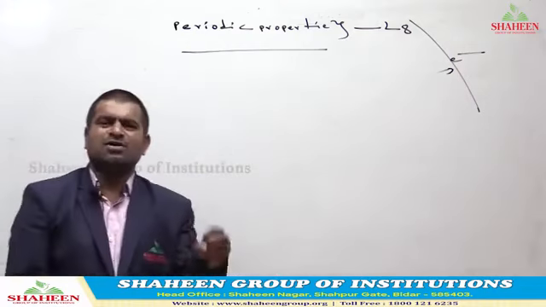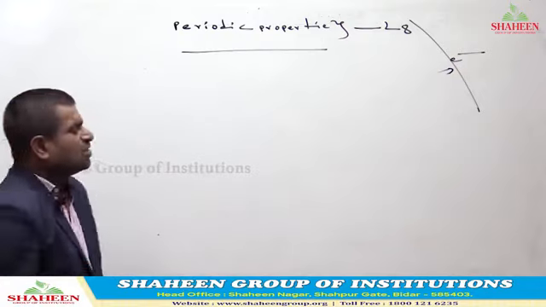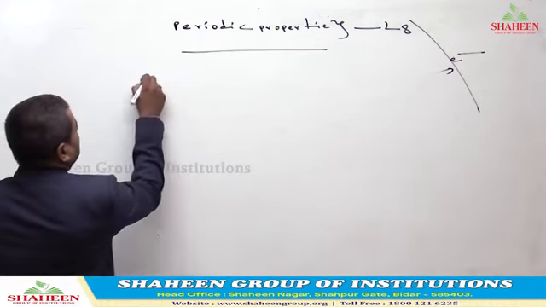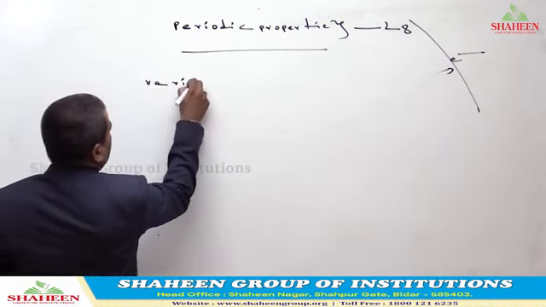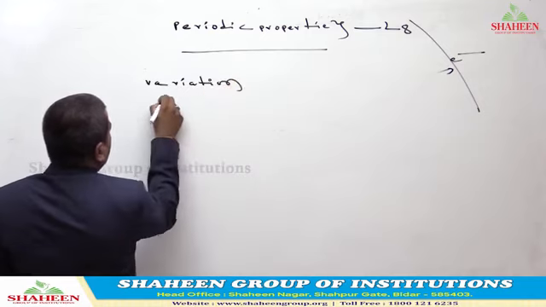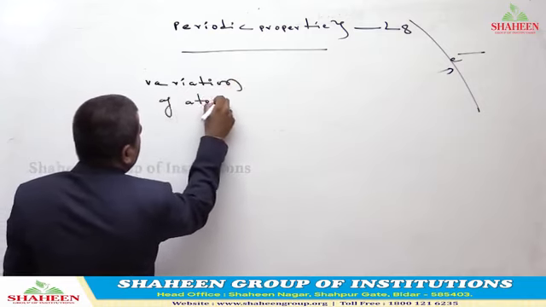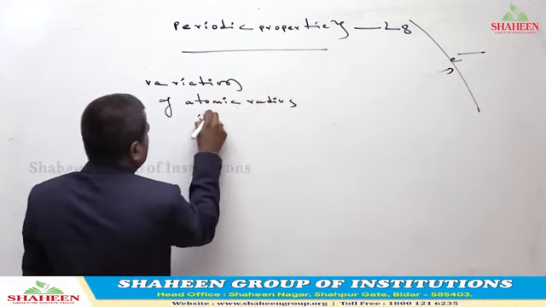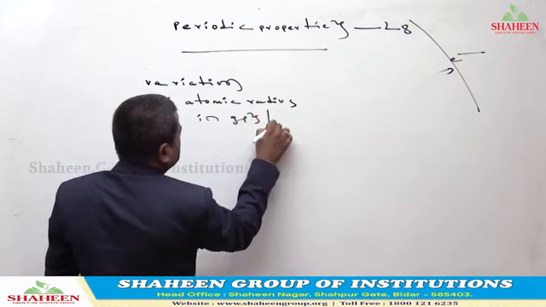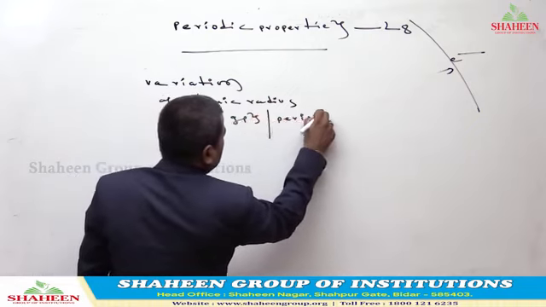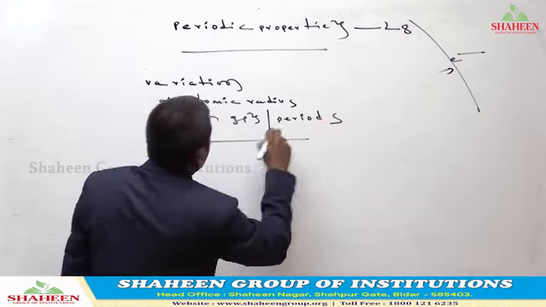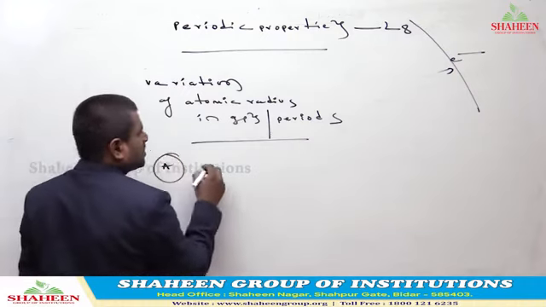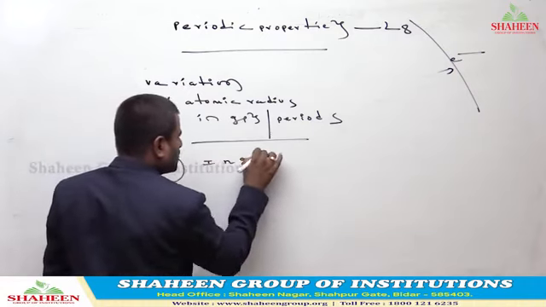There are 7 periods and 18 groups. First of all, I am going to discuss groups.